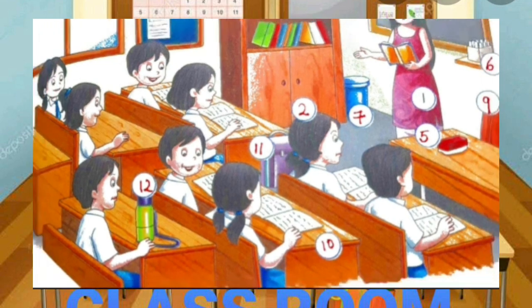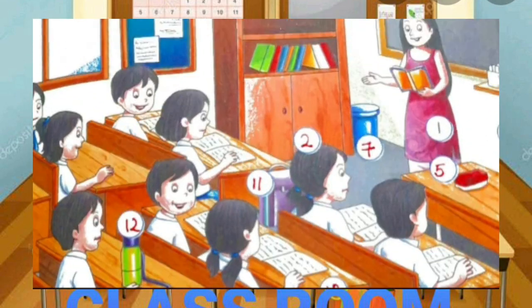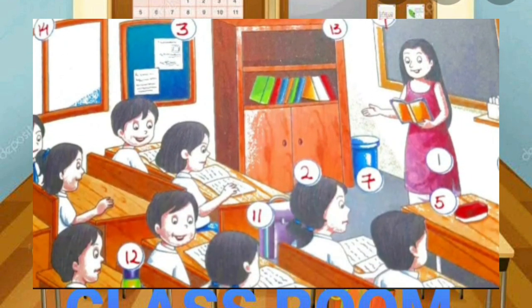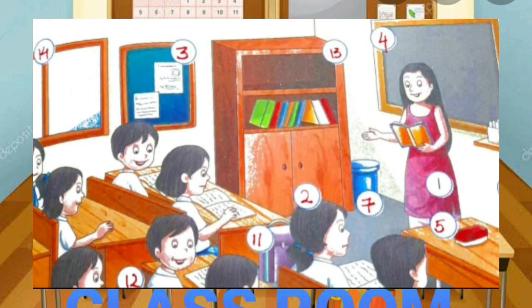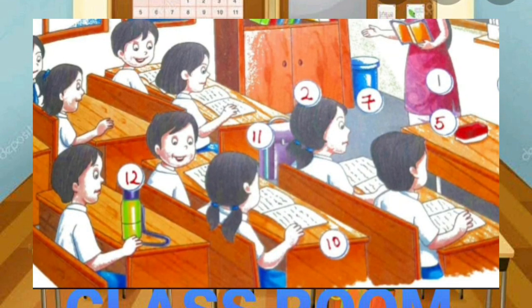Ninth one is a chair of a teacher, red color chair. So you can give the number 9 there. 10th one is desk. Desk is a place where you are sitting. So in the second bench, you can give 10 number for a desk. 11th one is a bag. Bag is purple color bag of a first student on the left hand side.